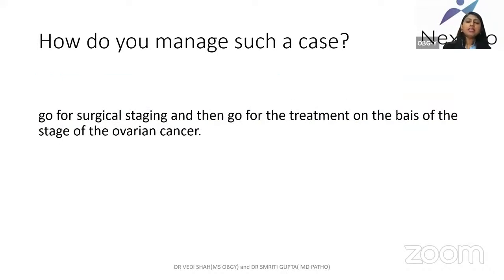Now, how are we going to manage such a case further? As I mentioned earlier, without surgical staging, this management is going to be incomplete. So you need to go for surgical staging. What do you exactly mean by surgical staging?